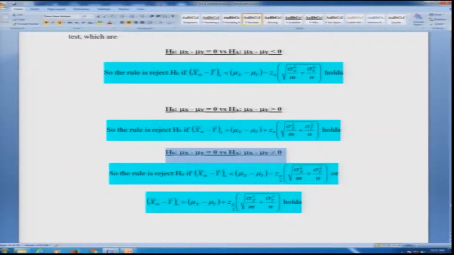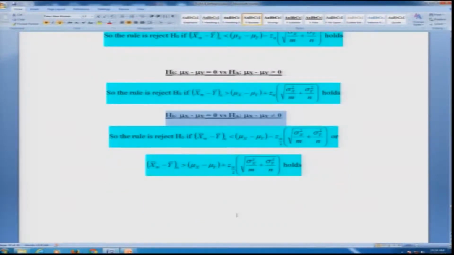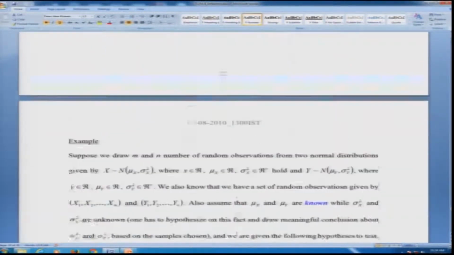So, in this case the difference between the sample means is less than the difference between the population means minus z alpha by 2, because this alpha is being equally divided on both sides of the z distribution. The bracket part, which has to do with the pooled variance, remains the same. In the other case, you will reject H naught when the difference between the sample means is greater than the difference between the population means plus z alpha by 2, multiplied by the pooled sample population variance.